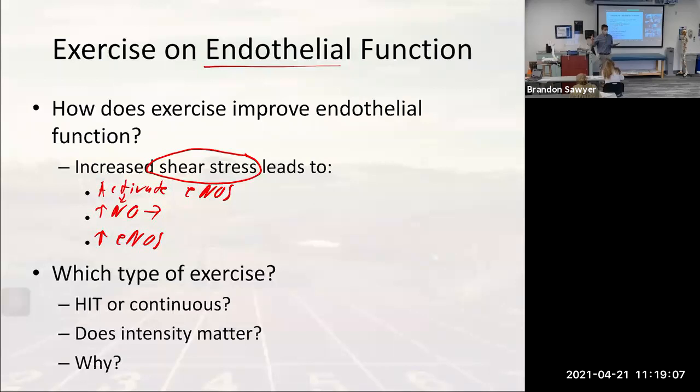We might still have some LDL there. But if we don't have the macrophages there to engulf it, then we don't have an issue, right? So really cutting this off from the beginning is the best thing to do. So that's one of the reasons exercise is so powerful of a stimulus for improving vascular health. Okay. So those are kind of the three things that directly do that.